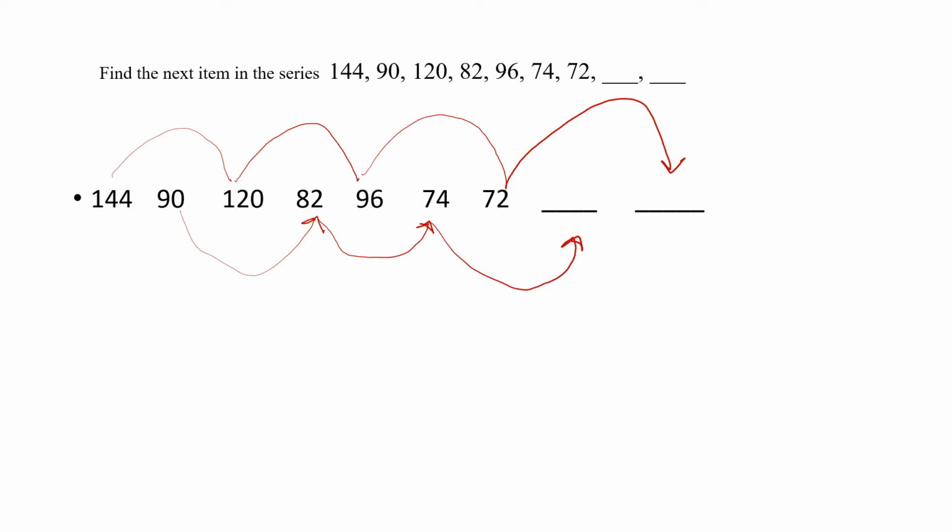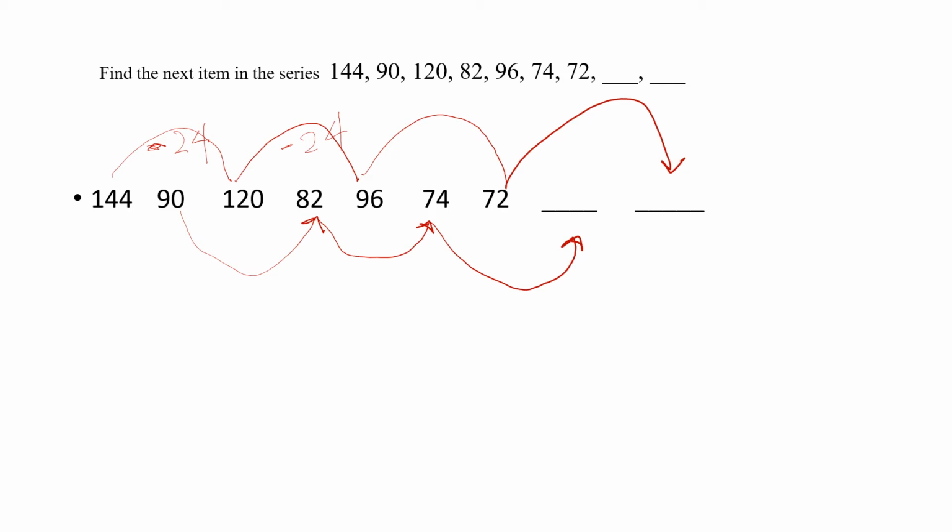So when we go for the first set, to go from 144 to 120, that means we subtract 24 from 144. From 120 to 96, we also subtract 24.